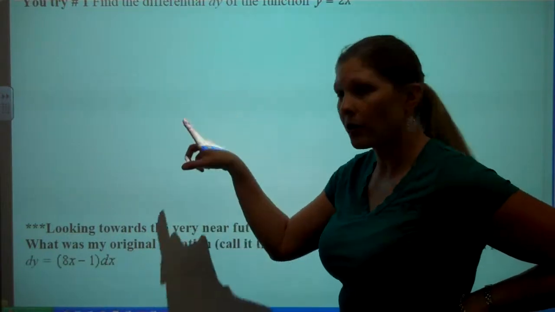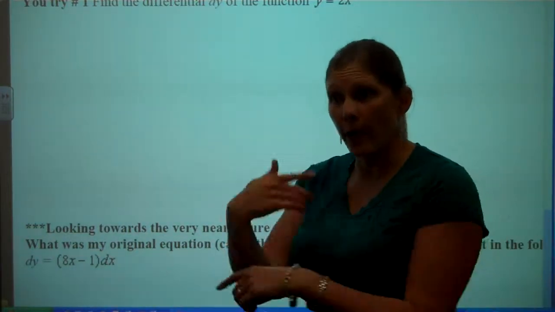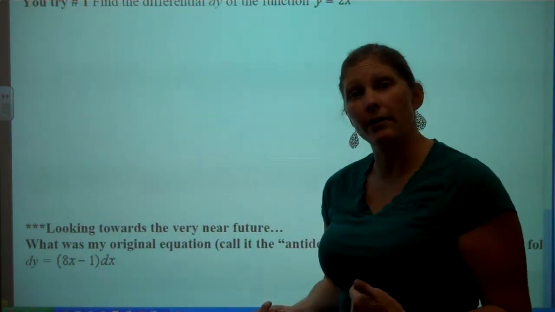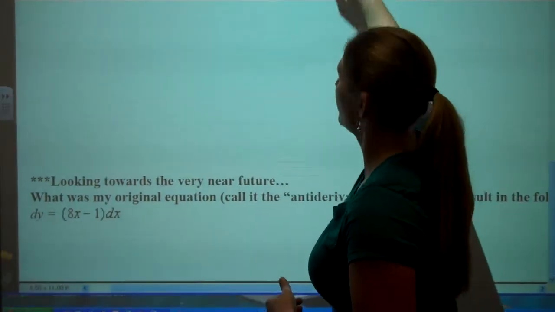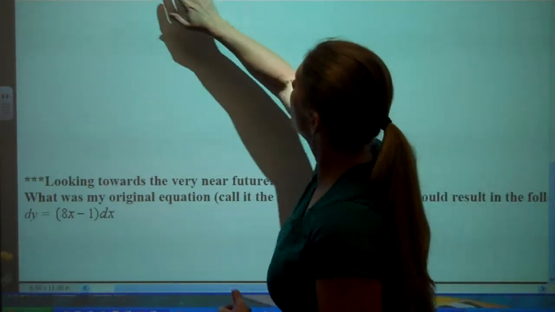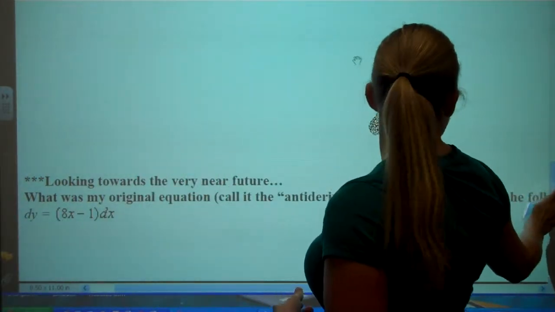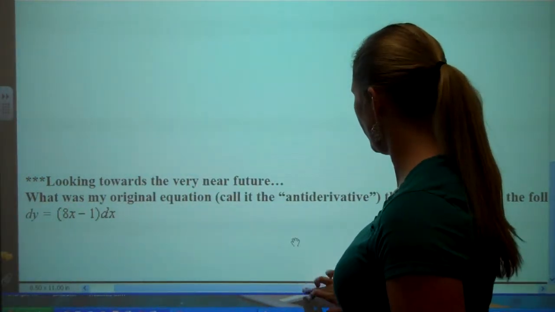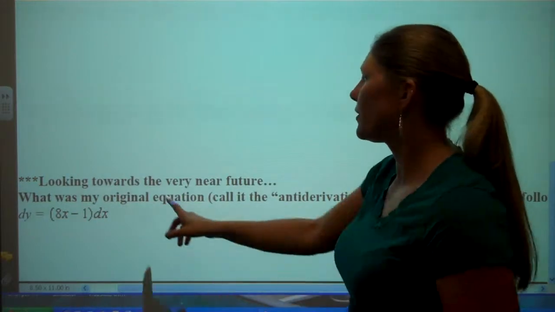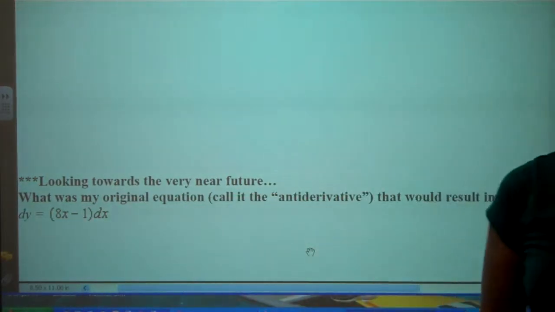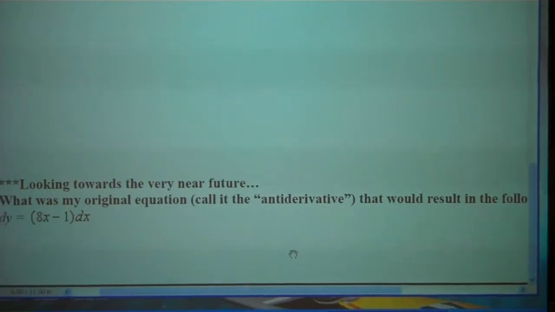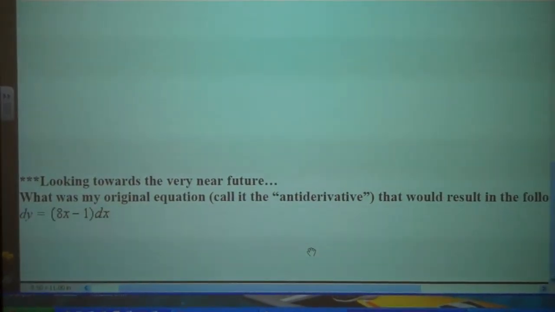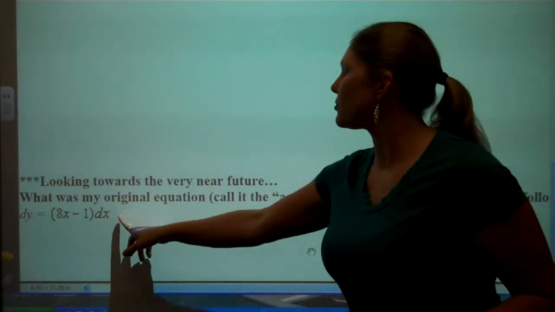When you get your answer, circle it. I'll go over it tomorrow, or when I'm going around and checking the notes, I'll tell you if you're right or wrong. And then down here, looking towards the very near future, what is my original equation?